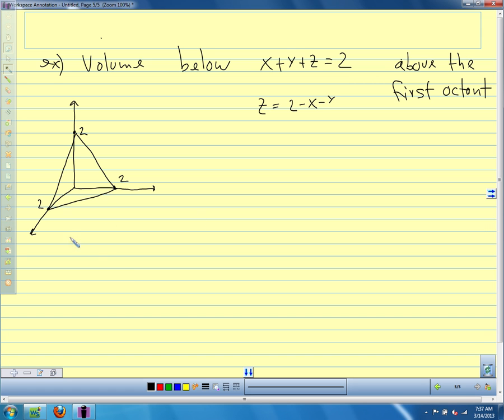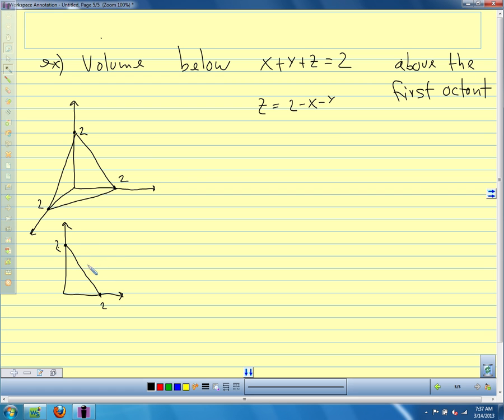So we need our region in the xy plane. On the xy plane, our region looks like this. We need the equation of this line.